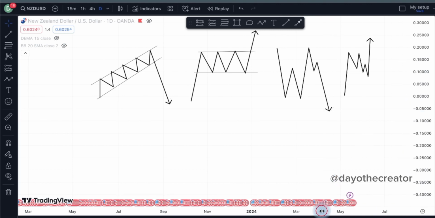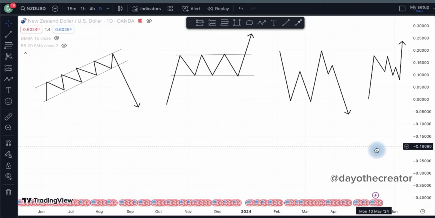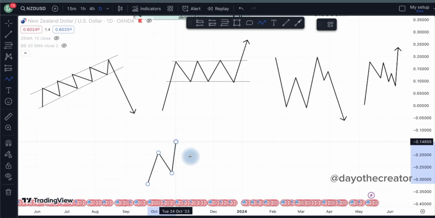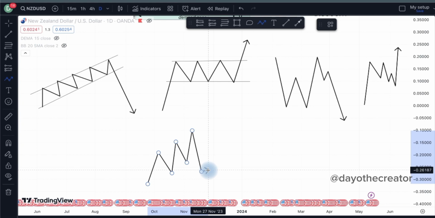We can also add an additional example. For instance, the market is going in an uptrend, then the market comes and takes this low out. After it takes this low out, you see the market has changed character.